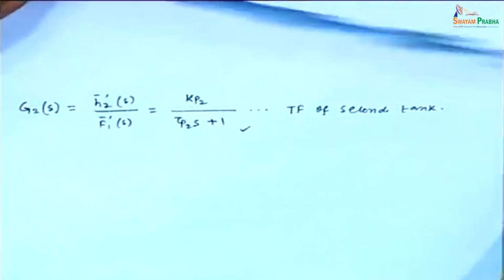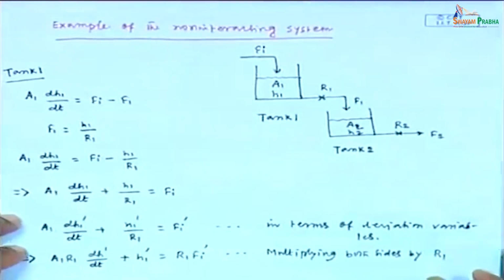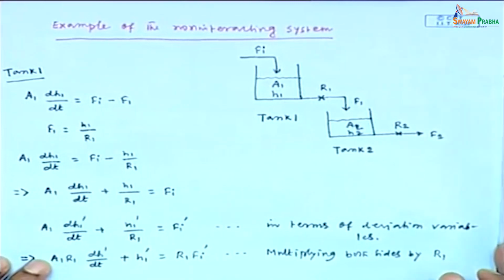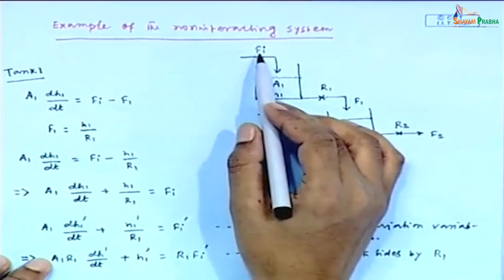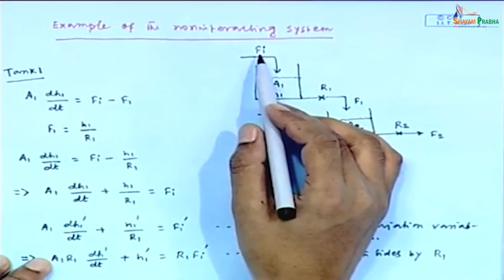Now, if you see the schematic of the two tank system, we can say that the overall transfer function will be H2 bar prime(s) divided by Fi bar prime(s).